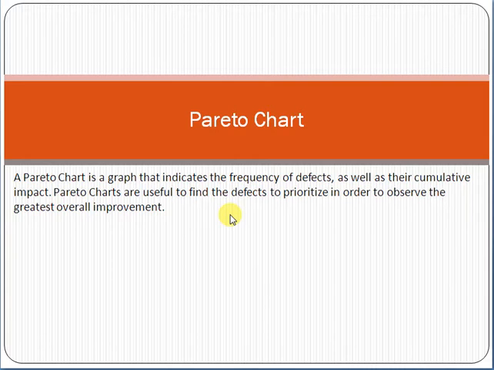See friend, here the Pareto chart is nothing else, it's just a graphical representation of data, and it indicates the frequency of events, you can say defects, as well as their cumulative impact.